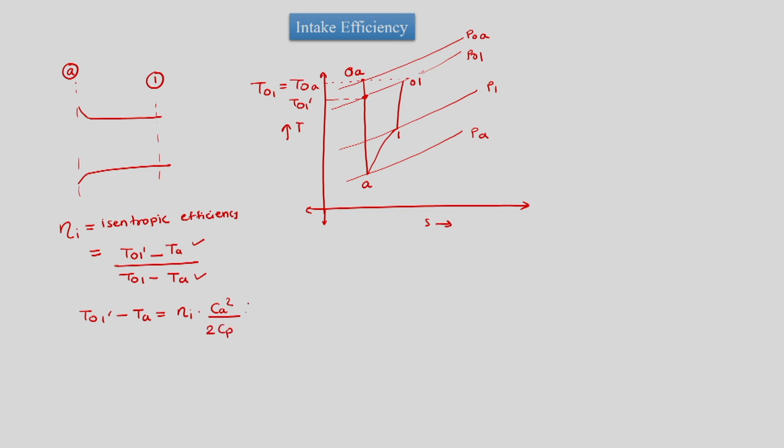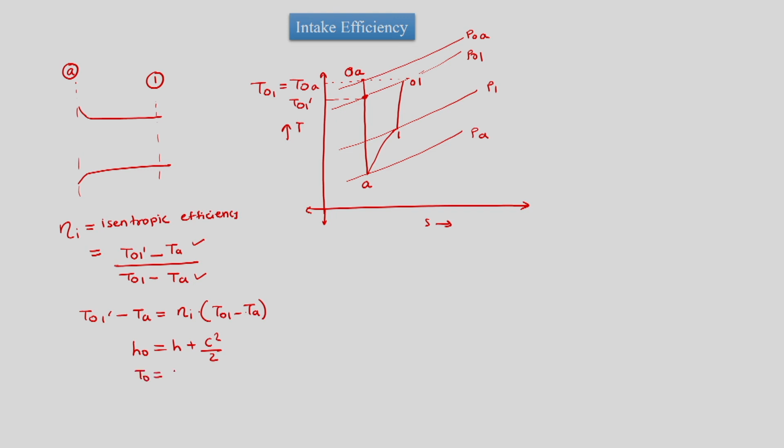Basically, from this formula we have isentropic efficiency as a ratio of two temperature differences, where we take the numerator as it is on the left hand side and the denominator we multiply by isentropic efficiency. So we have the denominator T naught 1 minus Ta, but we know the steady state energy equation, which is H naught is equal to H plus C square by 2, or V square by 2.